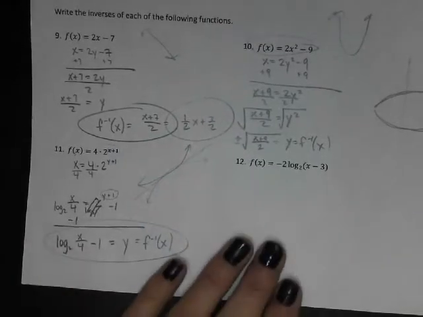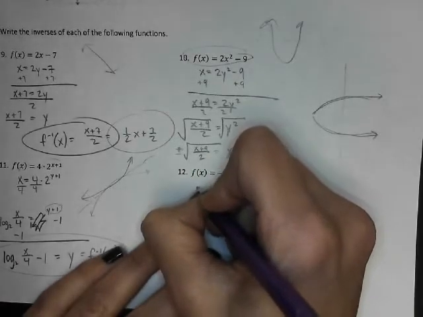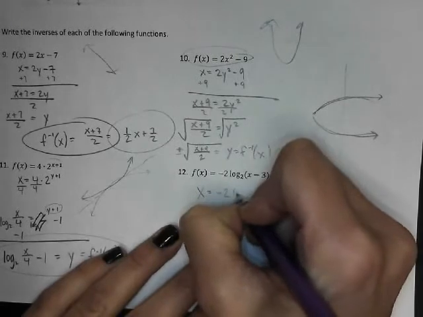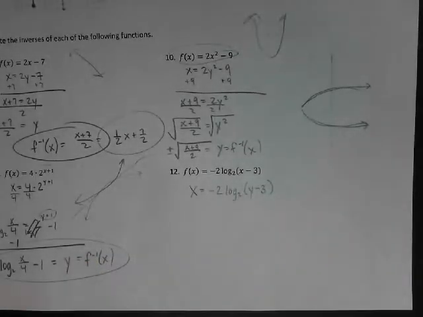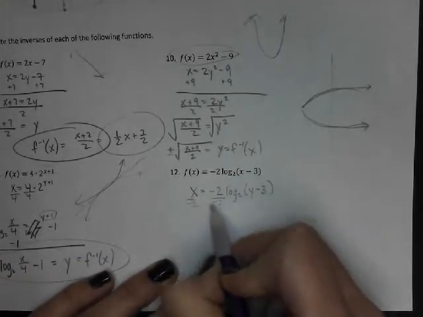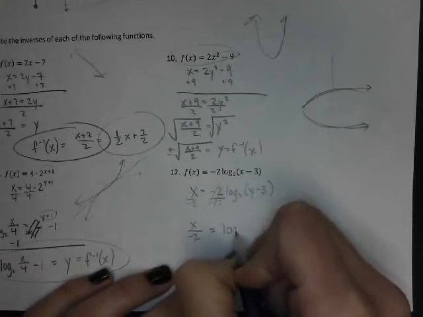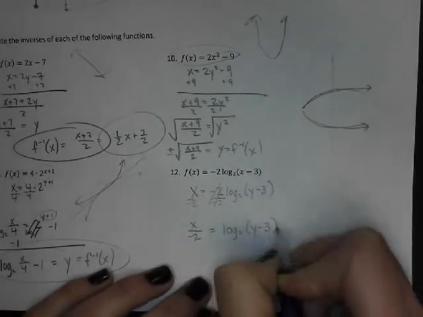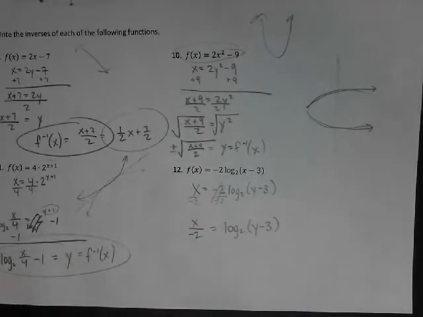Okay, here's a log where we switch the x and the y. When we write the inverse of a log, we're going to get an exponential. Now to solve this, we first have to get the log all by itself, so divide by -2. And then this is trapped in here. So to get it out, we need to translate to exponential.